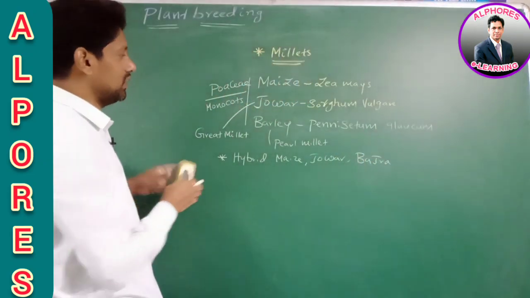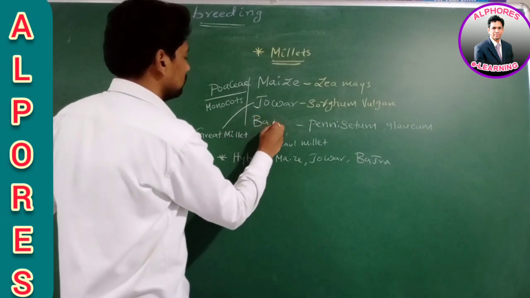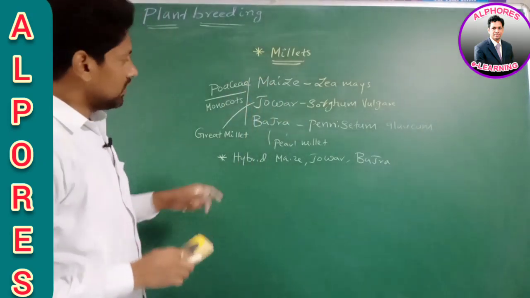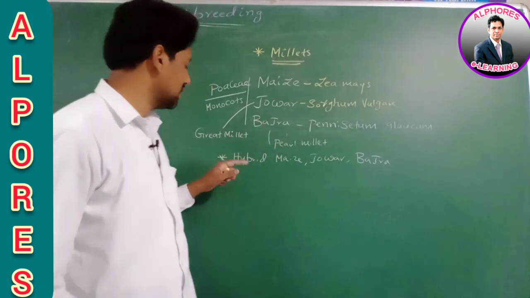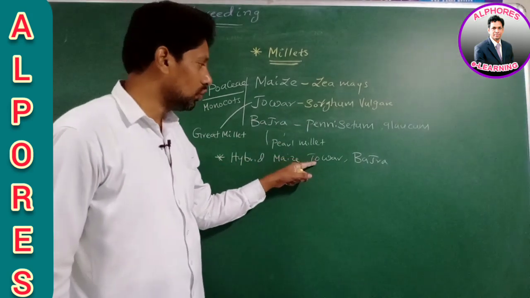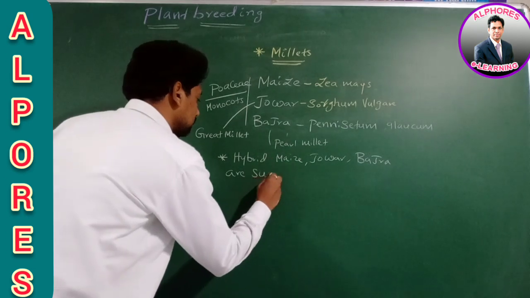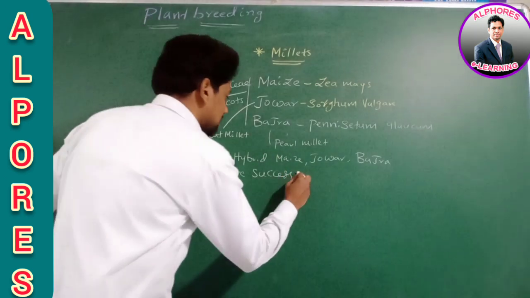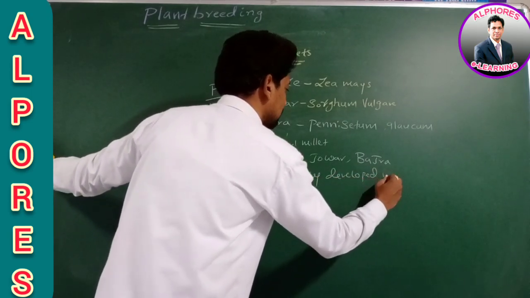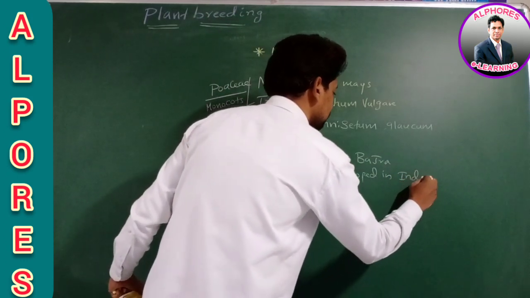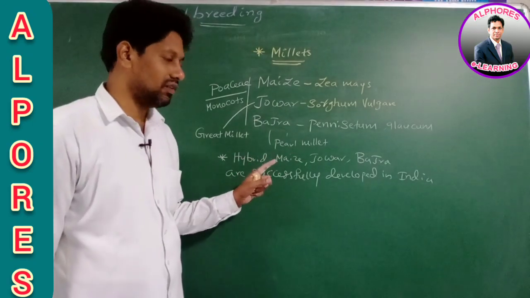Bajra is Pennisetum glaucum. Therefore, hybrid maize, jowar and bajra are successfully developed in India.